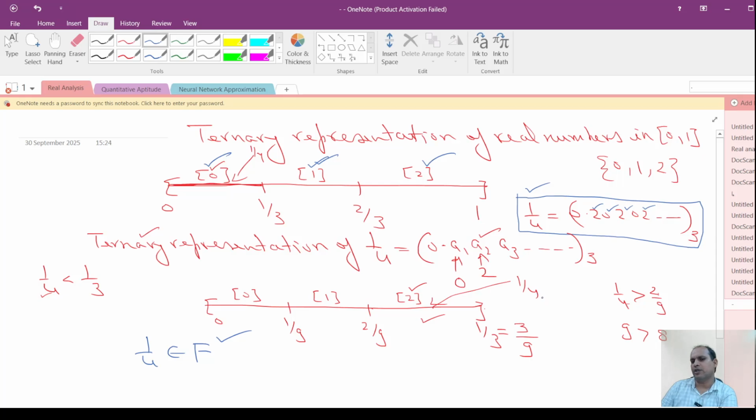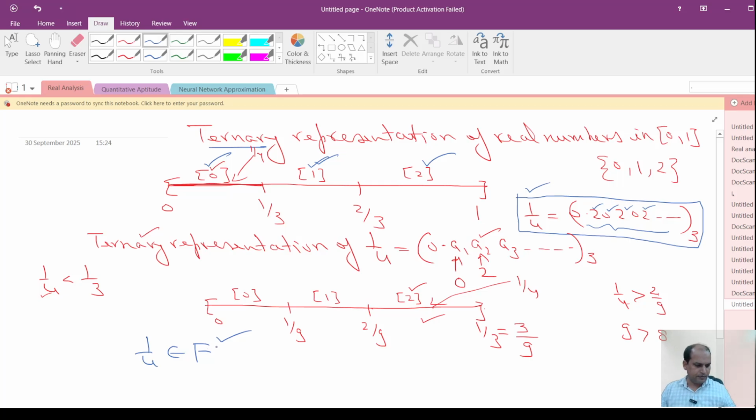In another representation of the Cantor set, this may be finite, or it may be infinite. So this is the way to identify, given any ternary representation of a real number, whether it is a member. If it does not involve the digit 1 at any place, it will be a member of the Cantor set.